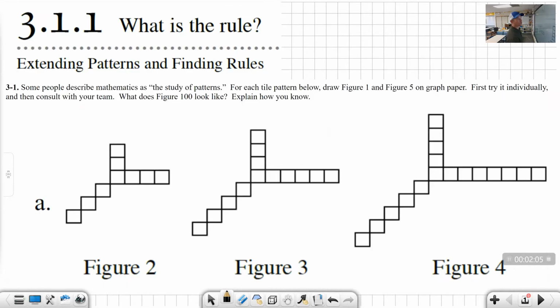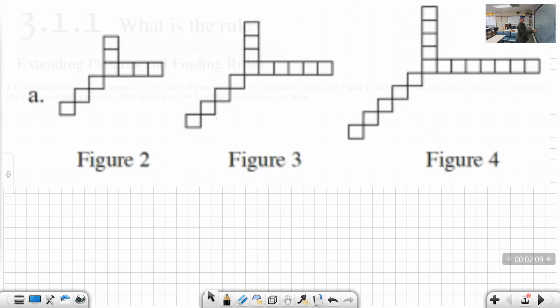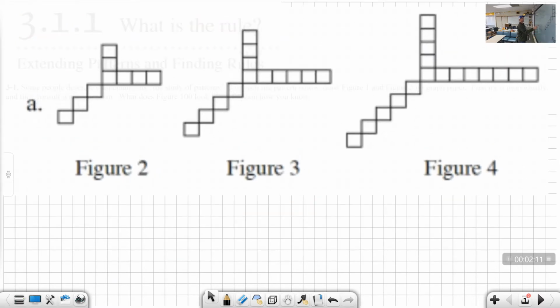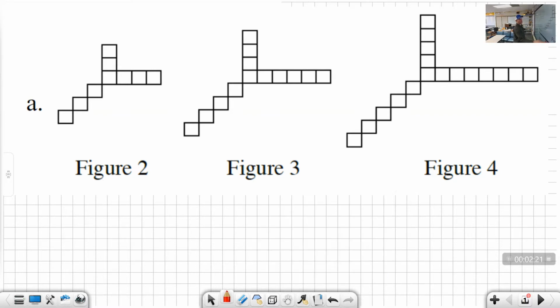Now, once you have your paper spaced like this, we're going to focus on these 3 figures. We're going to break them down into parts. The key to finding patterns is breaking down the parts appropriately. I want you to notice this diagonal section has 1, 2, 3. This diagonal section has 4.